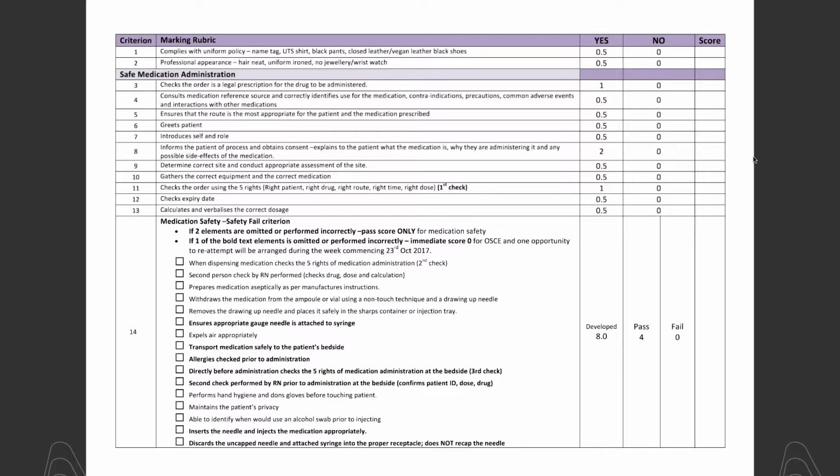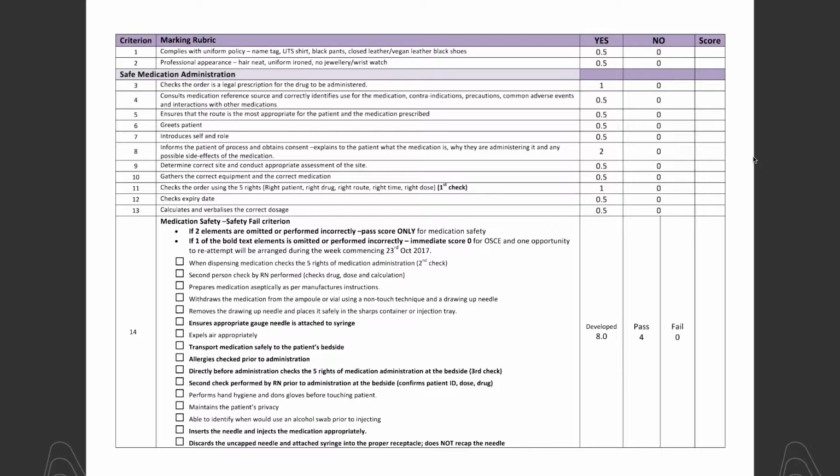You need to ensure that the route is the most appropriate for the patient and the medication prescribed. And this is all done before you even greet the patient. Now, sometimes things might happen in different orders. Please note that as long as you have completed these tasks, the marker will be able to prompt you to make sure that you keep moving forward.